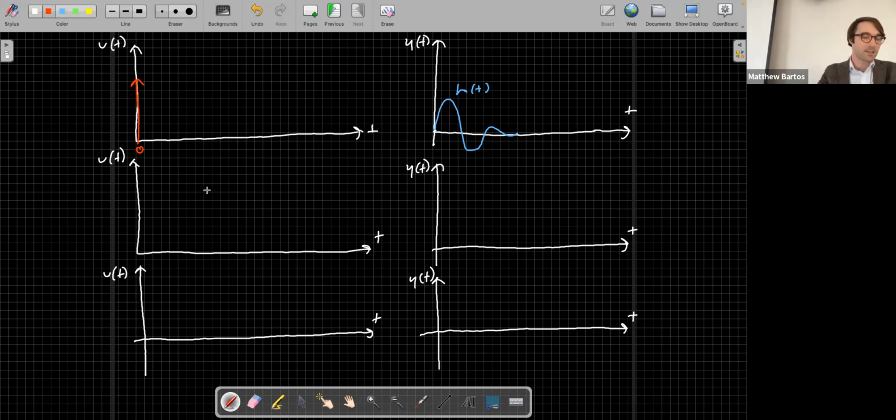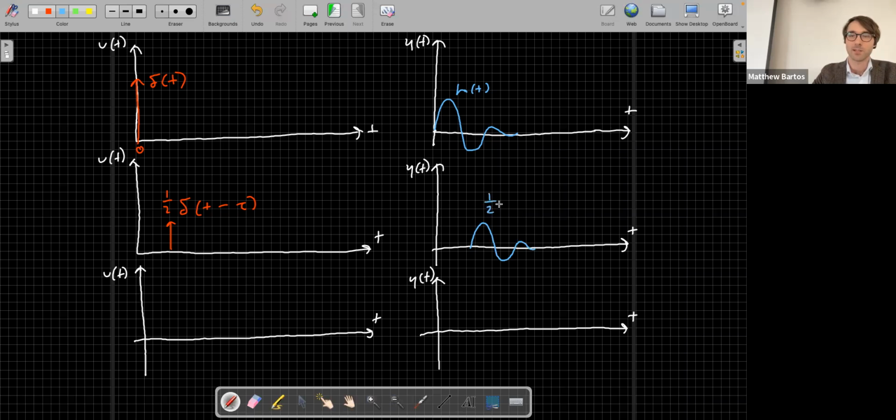Now let's say we shift. This is delta of t, our Dirac delta at the origin. Let's shift our input, and actually let's make it smaller as well, so that we have delta of t minus tau, and I'm just going to say it's 1/2. This will also produce a response, shifted like so, and scaled.